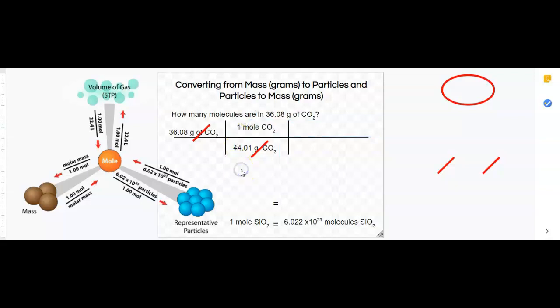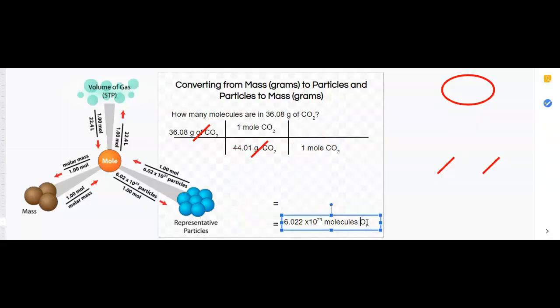So I come down here to my mole triangle. 1 mole of carbon dioxide molecules contains 6.02 times 10 to the 23rd molecules. Because I want to cancel moles of carbon dioxide, I'm going to put moles of carbon dioxide in the bottom to cancel.